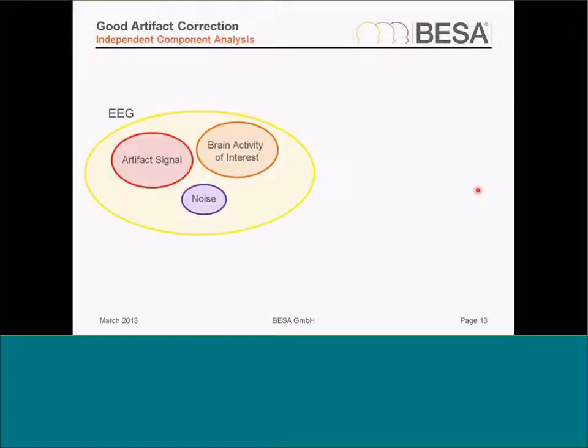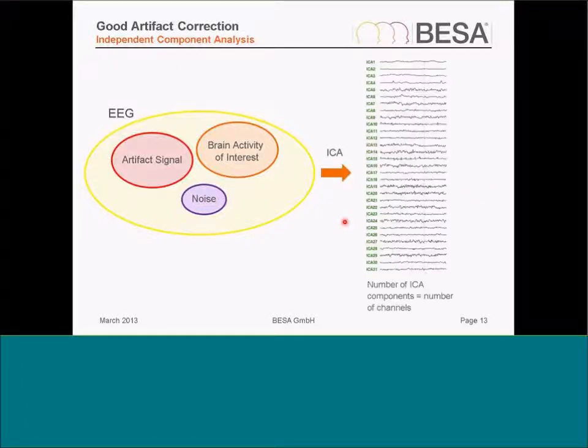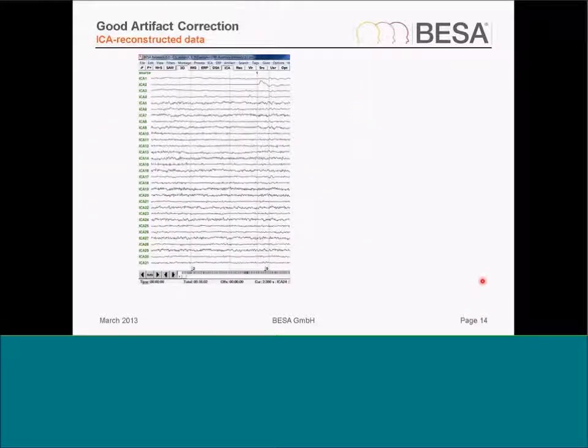And the last one is the independent component analysis. Here we perform an independent component analysis of the whole data set, and usually the number of components we get from this is equal to the number of channels that were recorded. And then we can pick out components that actually resemble our artifact.